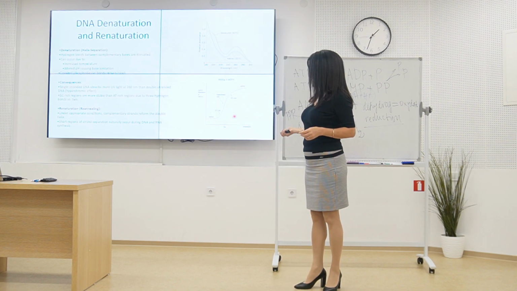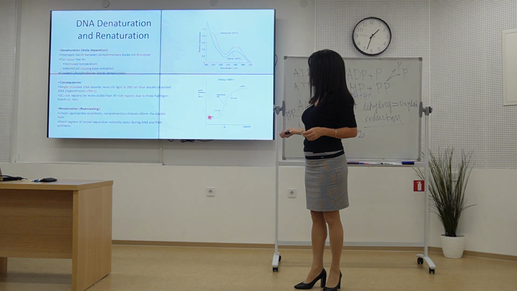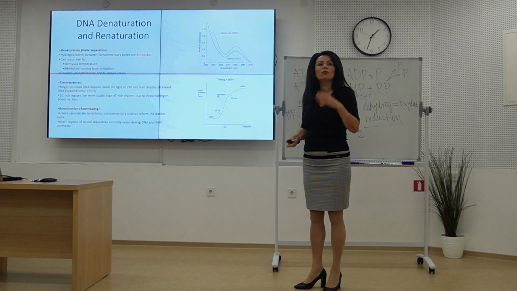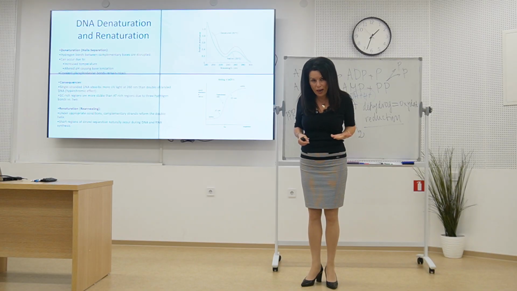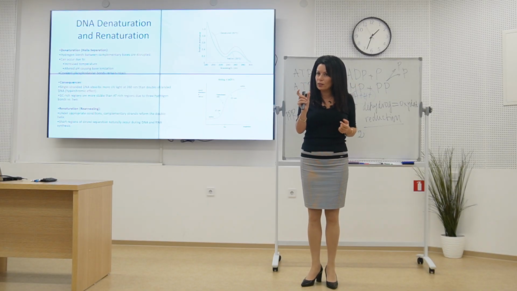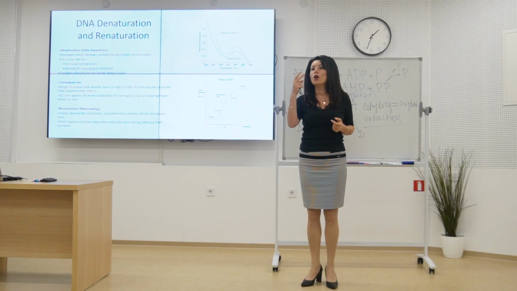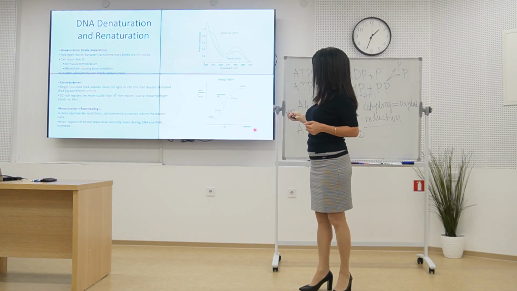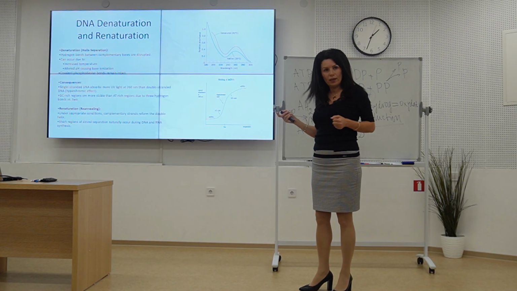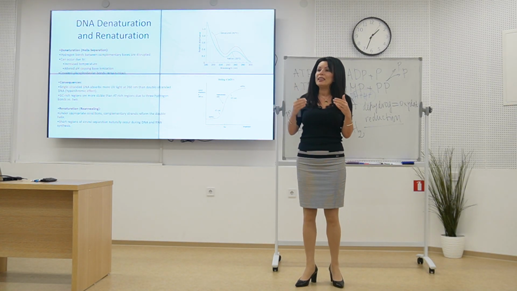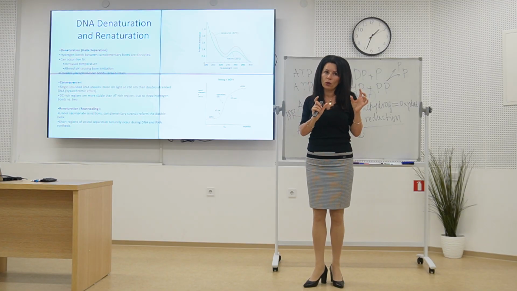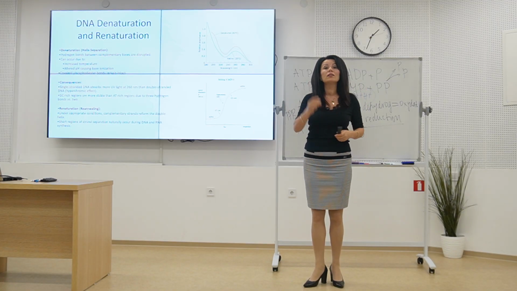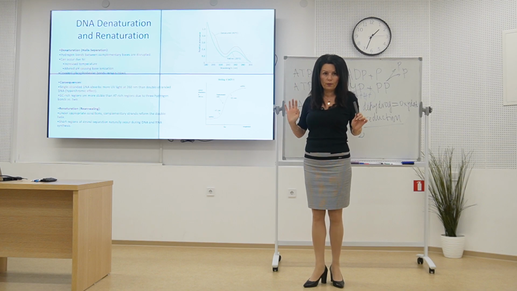Low melting temperature means that the DNA is rich in adenine-thymine pairs. Why? Because they are connected to each other with only 2 hydrogen bonds. If there are GC-rich pairs, this means that the DNA is more stable. Why? Because the hydrogen bonds between guanine and cytosine are 3, that's why.